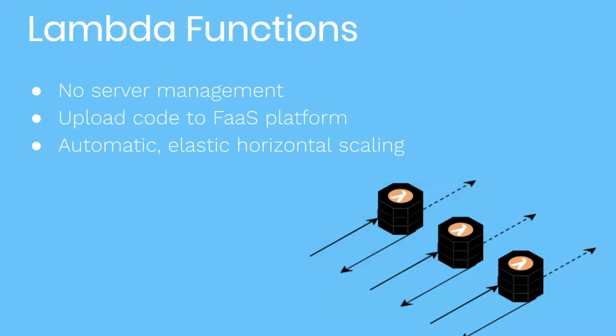You're only paying for the amount of time that these functions are spending in execution, and you're not paying for any idling resources. Lambda functions are great helpers because they show up when they're needed, as many as you need. They do the work you need them to do, and they leave as soon as they're done, so you're only paying them for that precise amount of time that they're working.